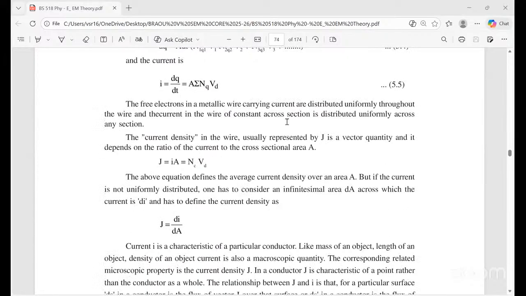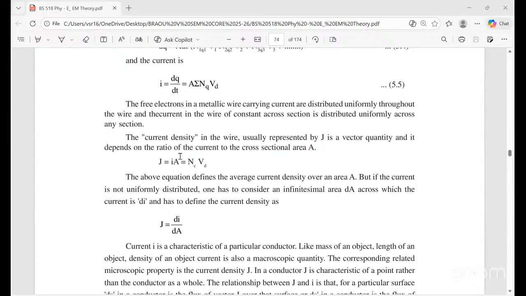But what is the current density value? Current density is J. It depends on the ratio of the current to the cross sectional area.